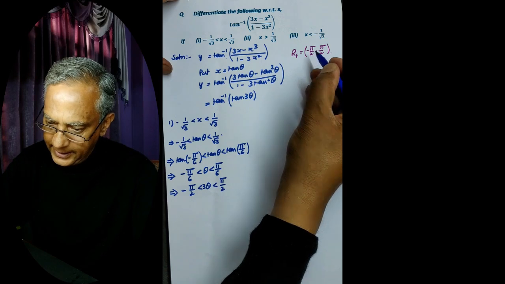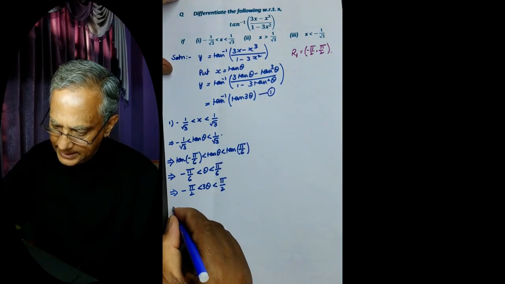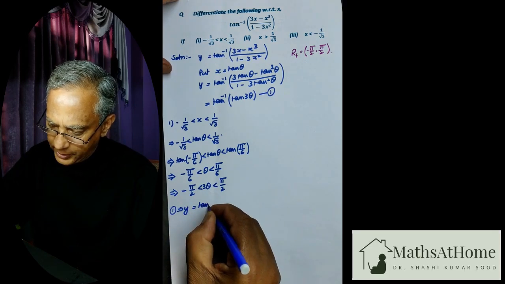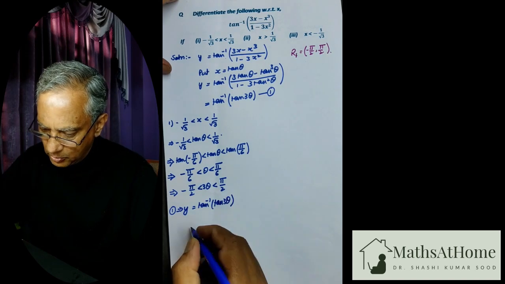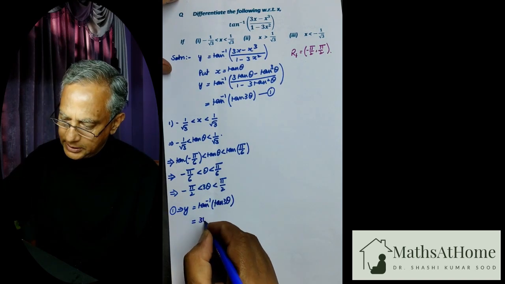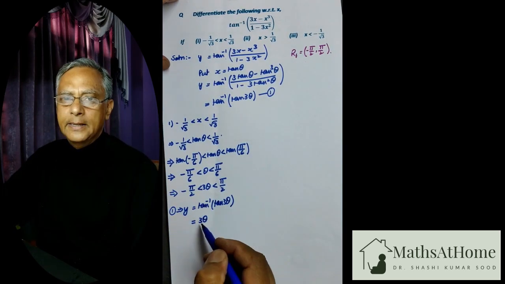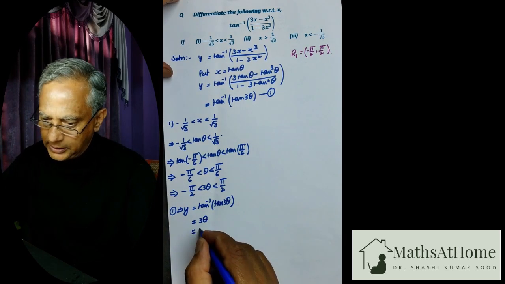So from 1, we can write y is equal to tan inverse of tangent 3 theta, and this must be equal to 3 theta because this is within the range. So it can take values within its range.